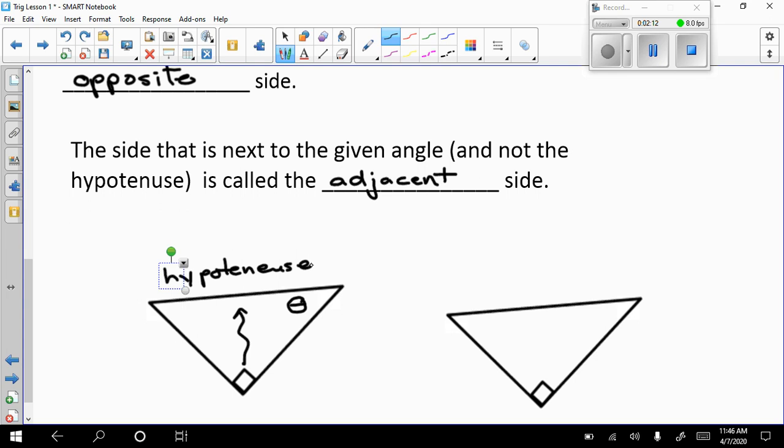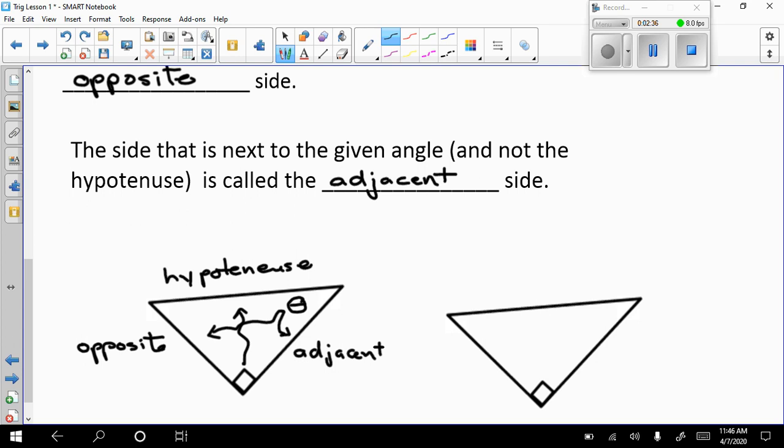Now, relative to that angle, that theta, the side that's across from it, right there, we're going to label opposite. And the side that's adjacent to that angle, right here, is adjacent.